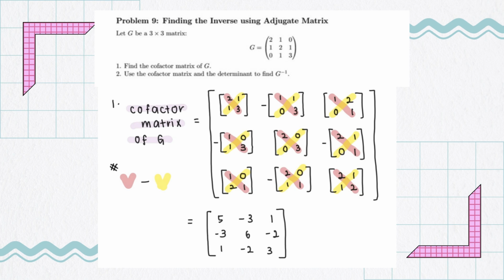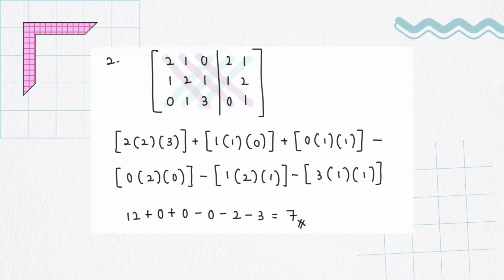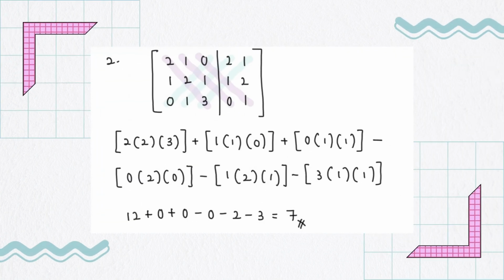So 1 times 3 minus 1 times 0, we get 3. Don't forget the sign is negative. So the cofactor matrix of G is 5, negative 3, 1, negative 3, 6, negative 2, 1, negative 2, 3.